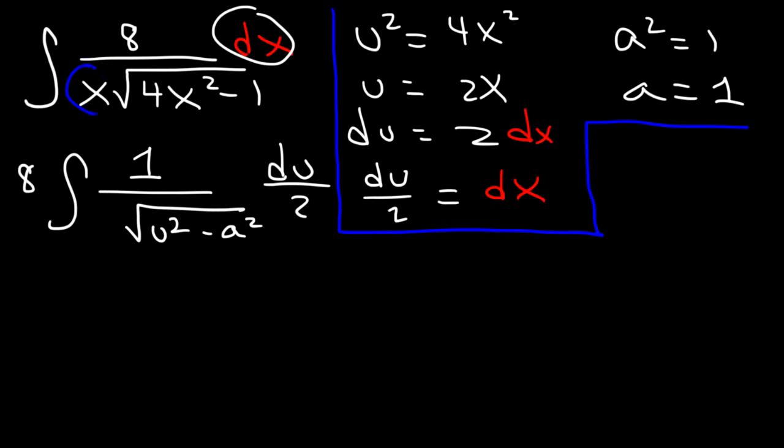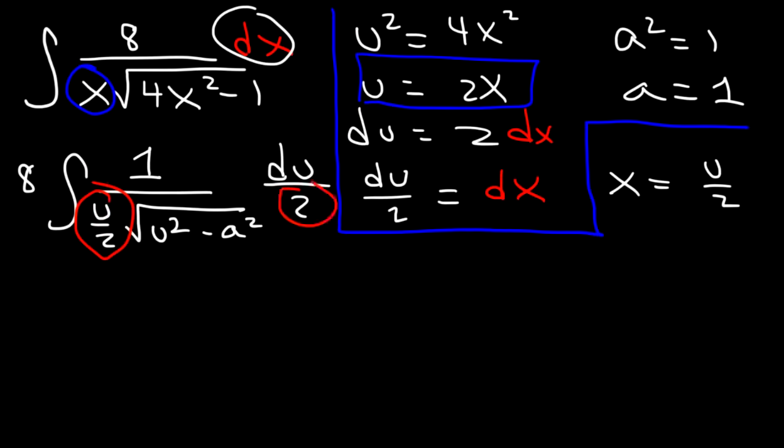Now we need to replace x with something. We need to get rid of all of the x variables and replace them with u variables. So if u is equal to 2x, then x is u divided by 2. So let's put that here. Now notice that we have u over 2 times 2. And the 2's will cancel.